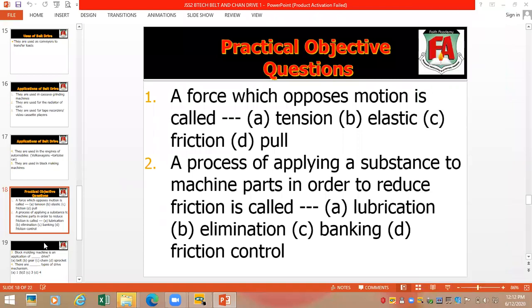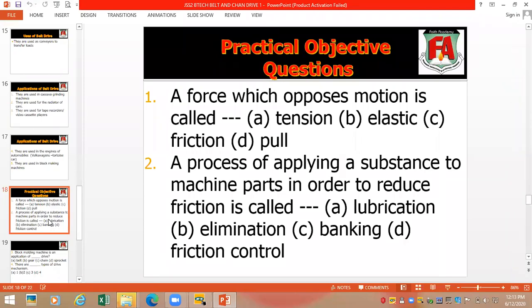Question number 2. A process of applying a substance to a machine part in order to reduce friction is called dash.